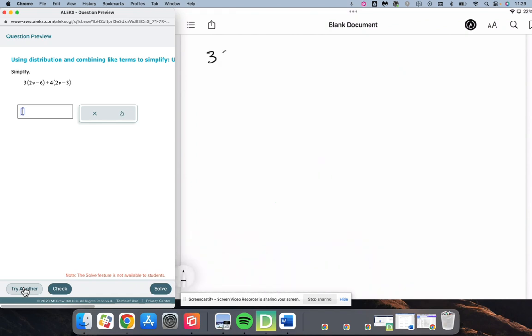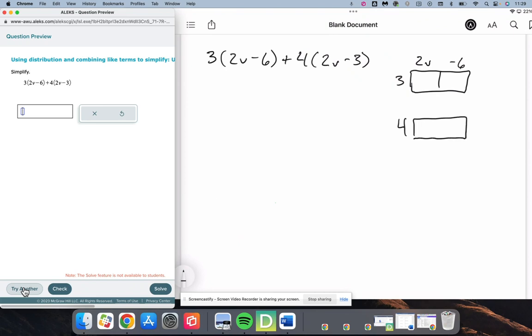We have a 3 times 2v minus 6 plus 4 times 2v minus 3. Again, we have two distributions going on here. That leading 3 is going to be multiplied by 2v and negative 6, and that 4 is going to be multiplied by 2v and a negative 3.